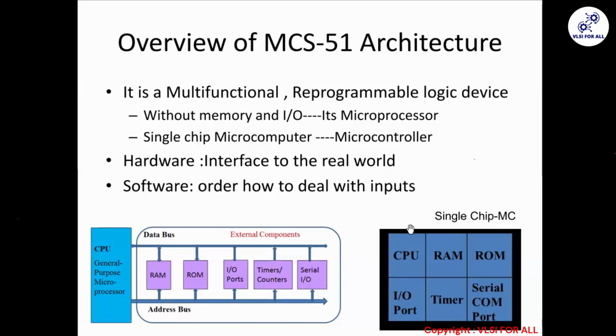That's why this diagram has CPU, random access memory, read-only memory, I/O port, timer, and serial communication port, all on a single chip. That is how the microcontroller is. That is the basic difference between microprocessor and microcontroller. Okay, so taking this idea in mind, we will go further.